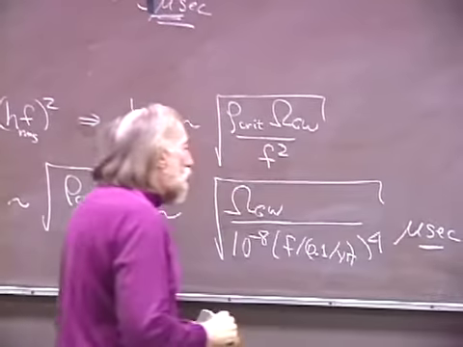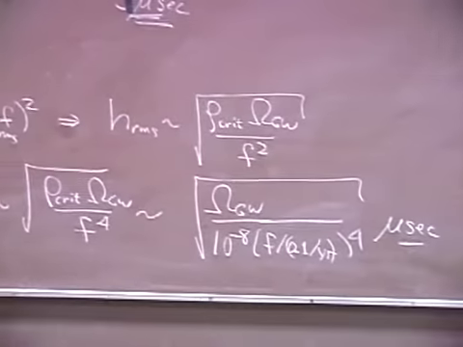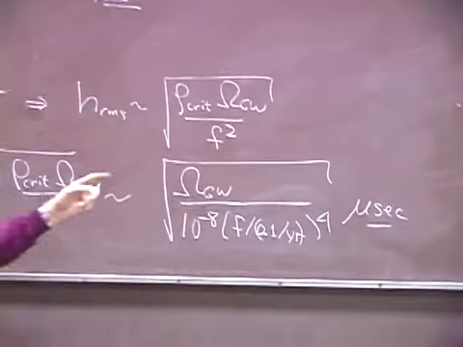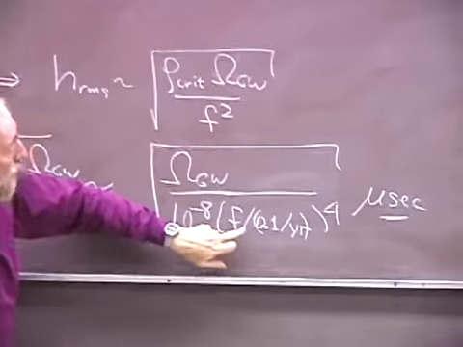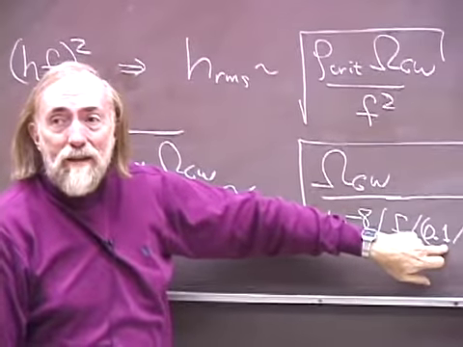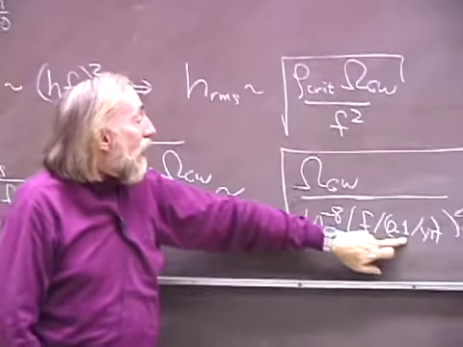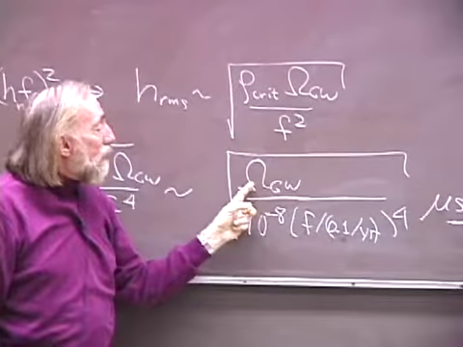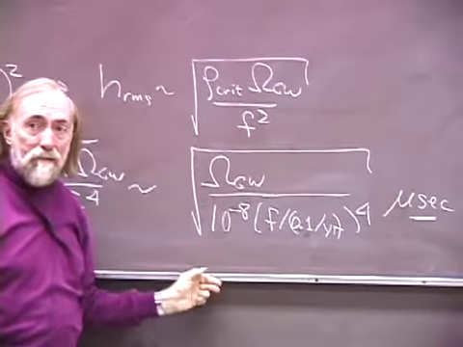So with residuals of order a microsecond and working at gravity wave frequencies of 1/10 of an oscillation per year, that is a period of 10 years, one can get down to an omega of about 10 to the minus 8. Okay.